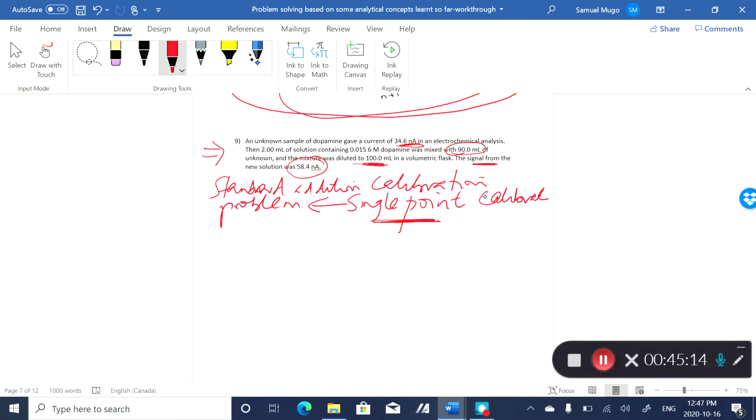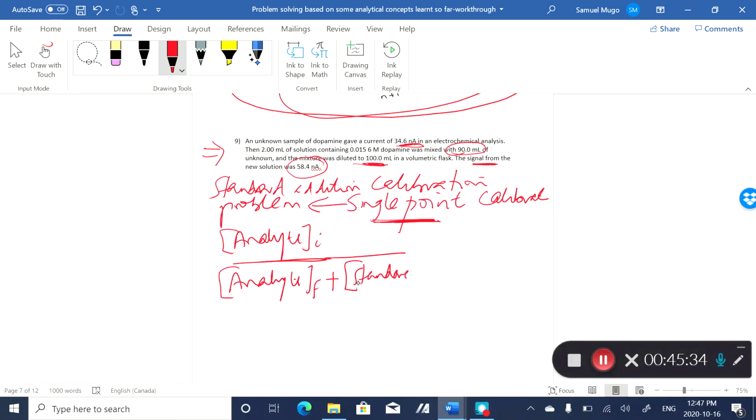All right, so remember the standard addition relationship. The standard addition formula is equal to the analyte initial divided by the analyte final after dilution. And of course, you've spiked it already with the standard and you've diluted it, so it's final.